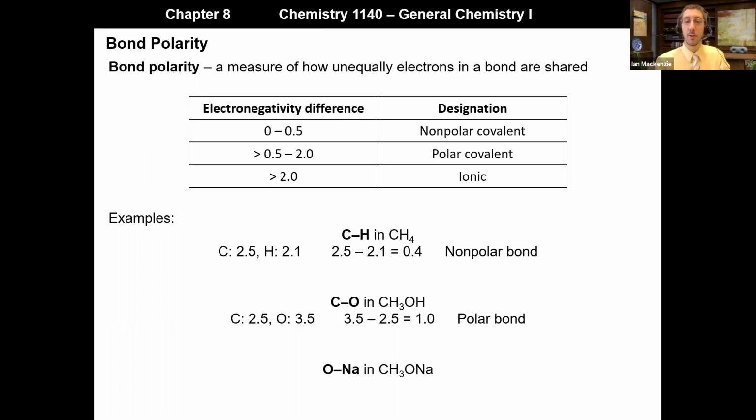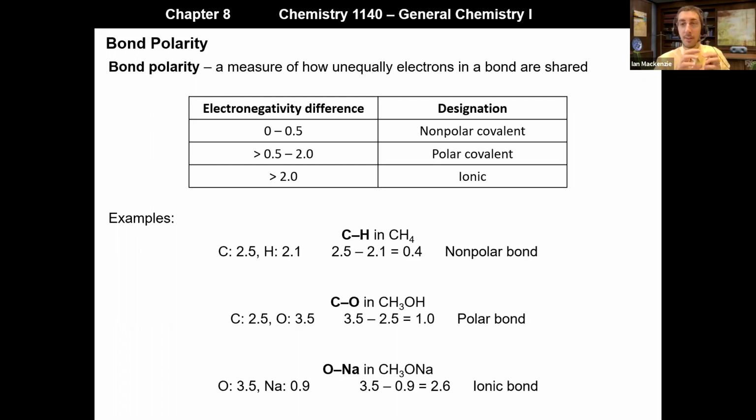And then finally, if we looked at the bond between oxygen and sodium, for example, we would think already, based on our metal, non-metal, that this would be an ionic bond, but we can confirm that simply by looking at their electronegativities. Oxygen's 3.5, sodium 0.9, so we have a difference of 2.6. This is definitely an ionic bond.